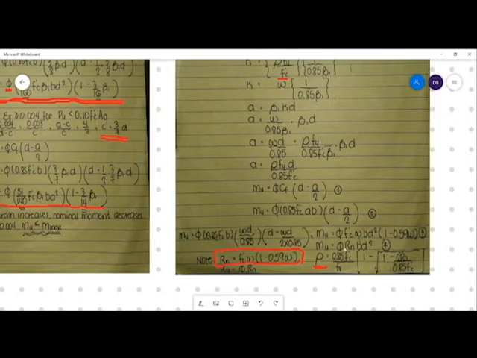In terms of R sub n, we are able to derive equation number 4, Mu equal to phi R n b d squared. If we use equation 4 for Mu, we are able to solve for rho, or the steel ratio, which is equal to the given derived formula.